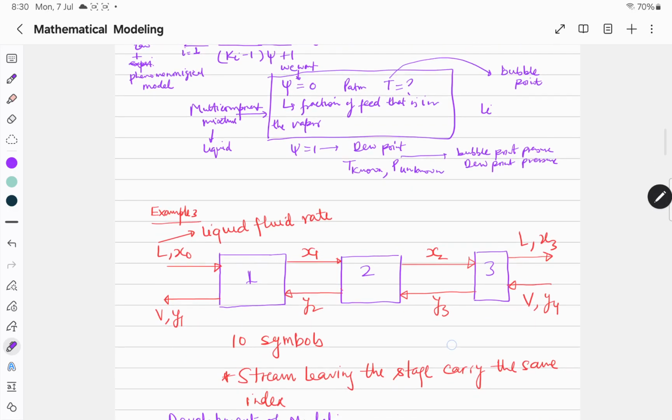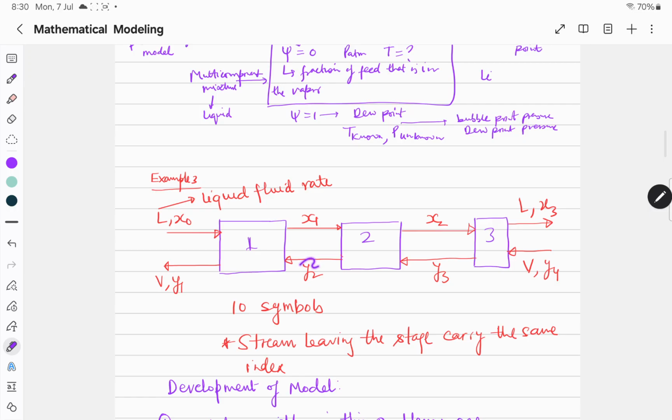Now another example that we are taking is a liquid-vapor contacting system with different stages, 1, 2, 3. The liquid flows in this direction and the vapor flows in the opposite direction, counter-currently. x0, x1, x2, x3 are the compositions of the liquid, and y1, y2, y3, y4 are the compositions of the vapor.